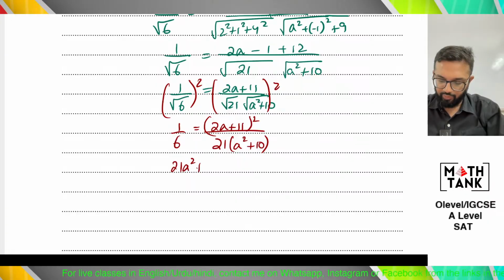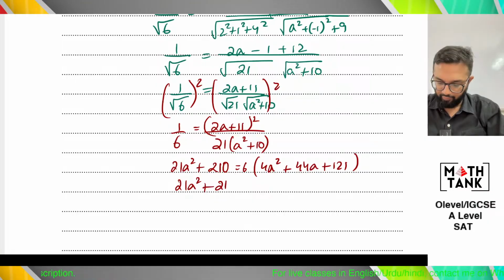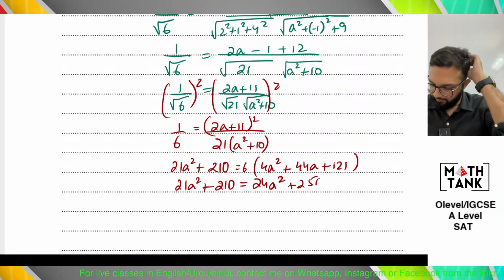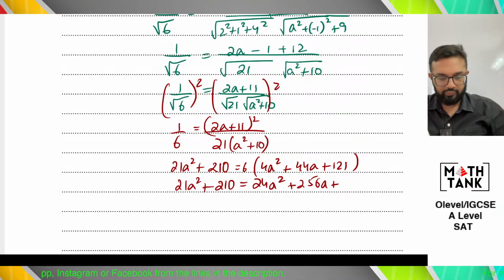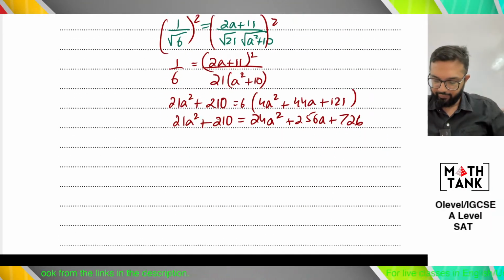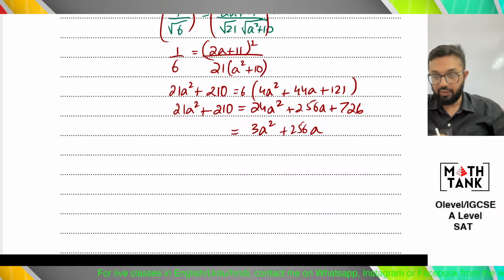So 21 A square plus 210 equals 6 times 4A squared plus 2244A plus 121. 24A squared, 6 into 44 is 256, and that's 3A squared, 256A and 726 minus 210 by 16.